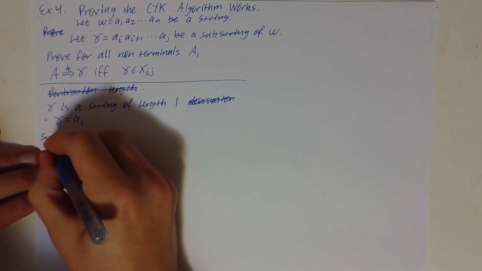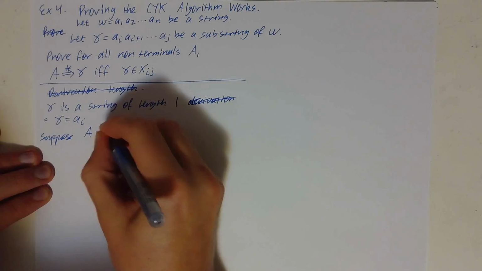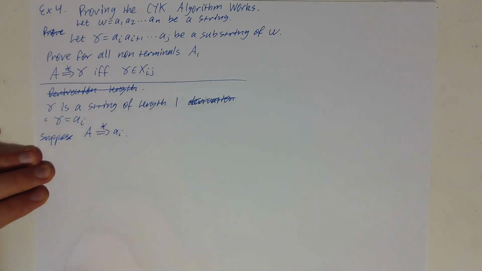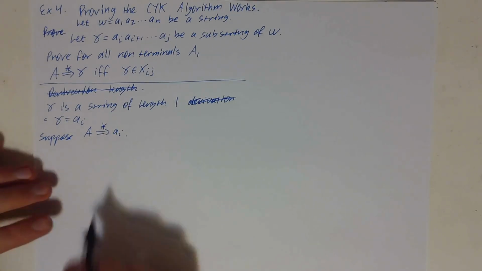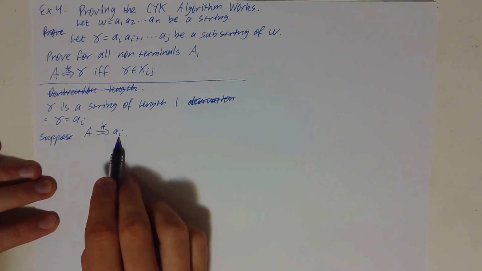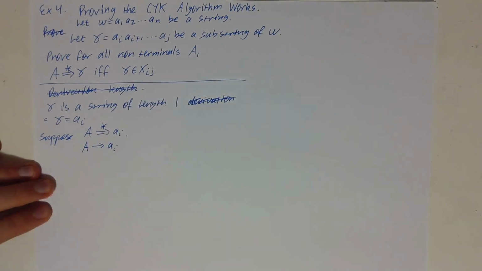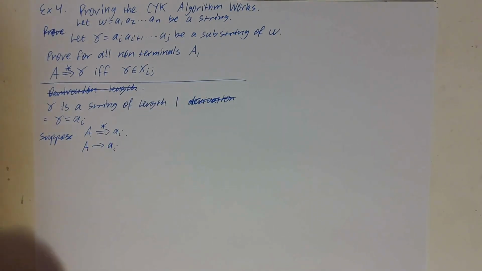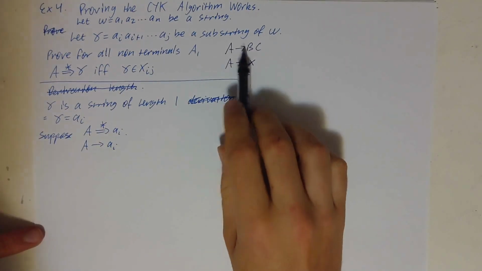So suppose that A has a derivation of a_i. Now again, since we're in CNF, the only way a variable can directly produce a single character is if there's a production of that form, right? Because remember, what do grammars look like when they're in CNF form? All the rules have to be of one of these two cases, right?